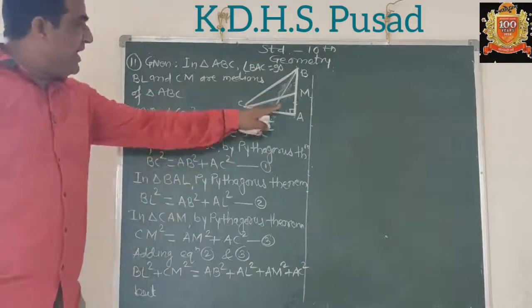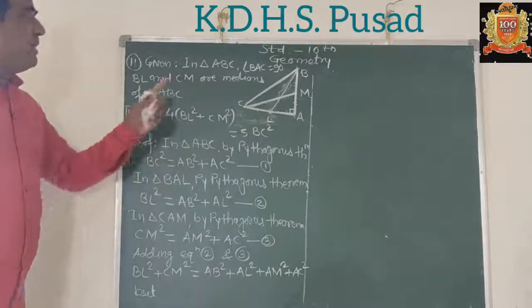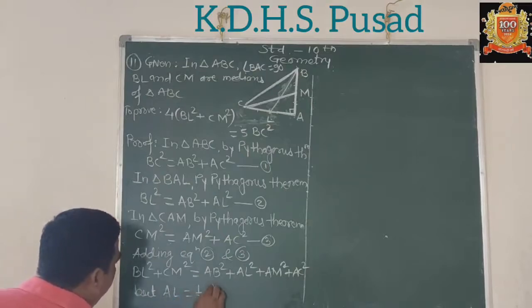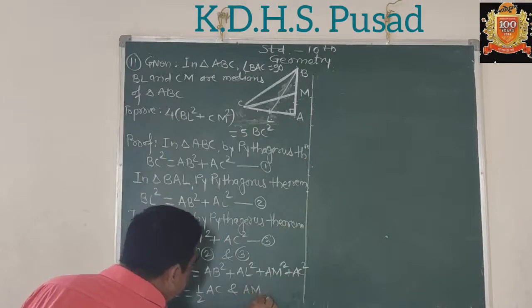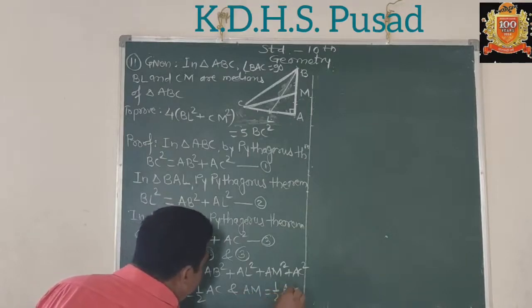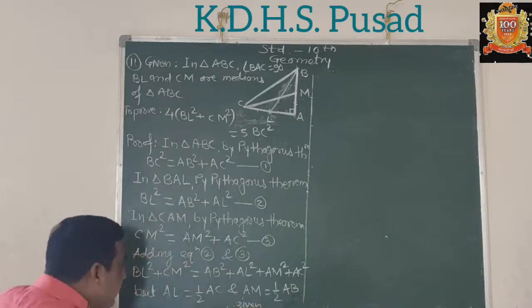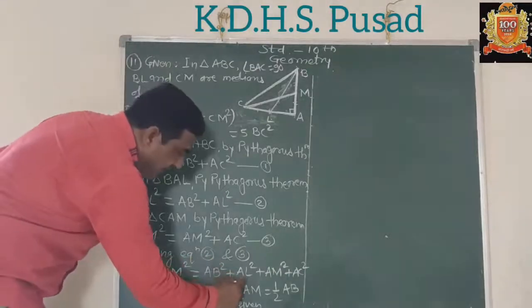That means AL is equal to half of AC and AM is equal to half of AB, that is given. You have your medians, that's why we can use this. In this, put the value of AL and AM.